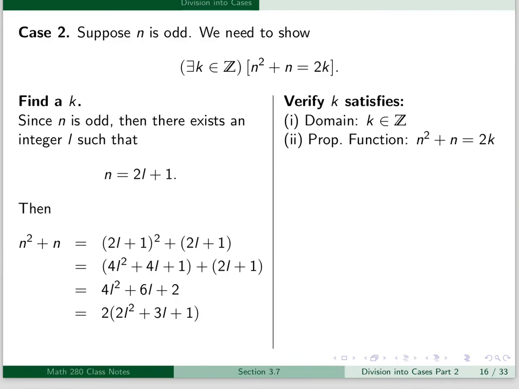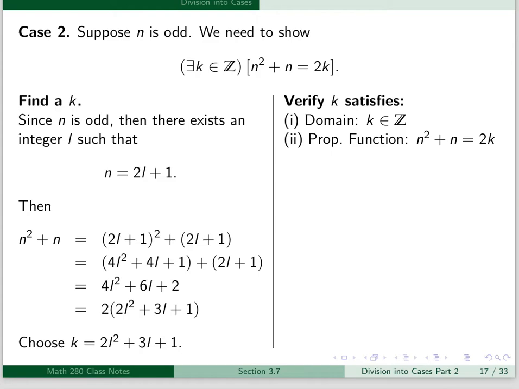Then n squared plus n will be (2l plus 1) squared plus 2l plus 1, which we can manipulate and rewrite as 2 times the quantity 2l squared plus 3l plus 1. And now this has the form of our propositional function. So we choose k to be the expression in parentheses 2l squared plus 3l plus 1.